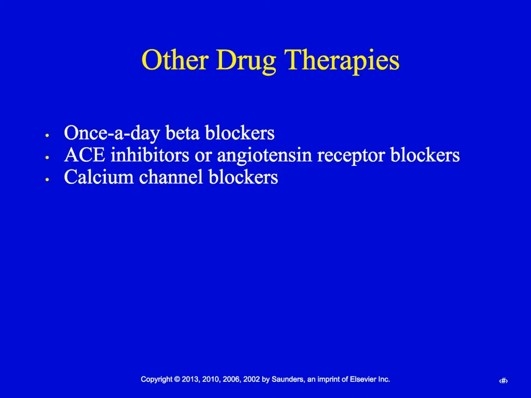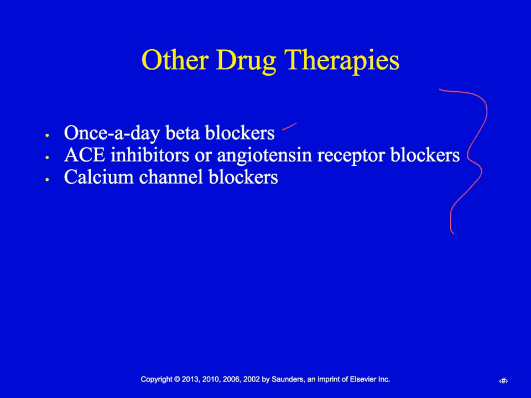So these are other medications that are used to treat unstable angina, or it could be given after a patient is treated for myocardial infarction. All of these are also blood pressure medications.